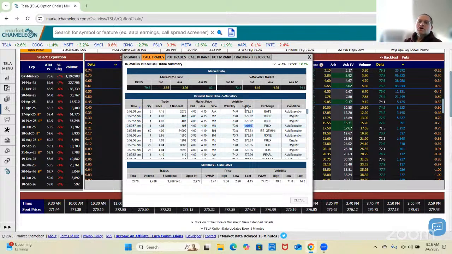Okay. This over here, exchange, lets us know the exchange that it traded on. So if you do a trade, you get an execution, but it could have been on any exchange, it could have been routed somewhere away, so this is a way to see what exchange this transaction happened on.